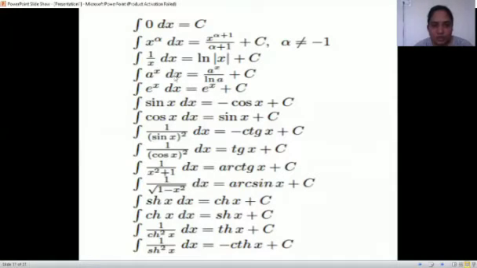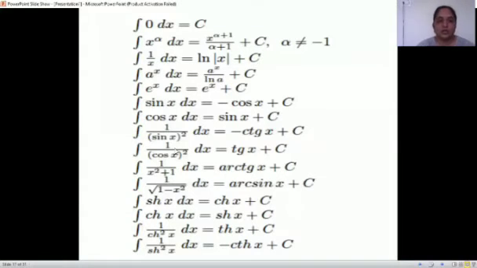Next is integration of a raised to x, which is a raised to x upon ln a. Integration of e raised to x is e raised to x. Integration of sin x is minus cos x. Next is integration of sin square x dx.